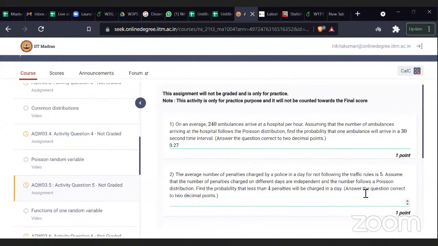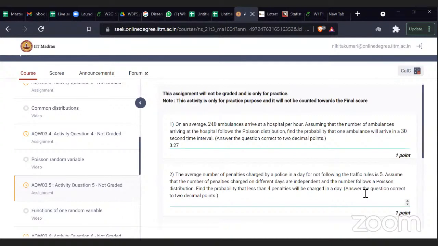Yeah, so let's look at the first question. It says on an average, 240 ambulances arrive at a hospital per hour. So in an hour, 240 ambulances are coming. We have to assume that the number of ambulances arriving at the hospital follows the Poisson distribution. Find the probability that one ambulance will arrive in a 30-second time interval.